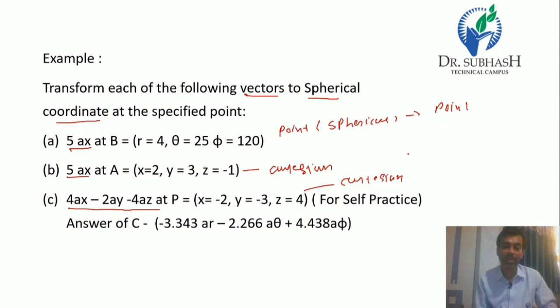In B and C, first of all we transform the point from Cartesian to spherical, and then put in the value of the point to find the vector in the spherical coordinate system, or we can say the transformed vector of the spherical coordinate system.